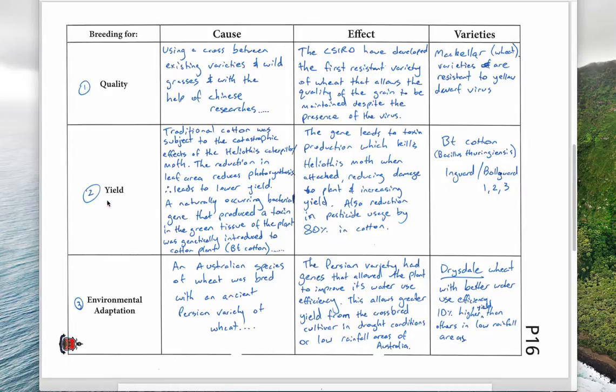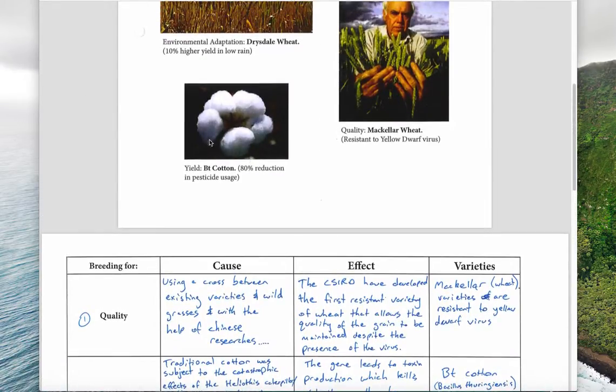The example for yield is BT cotton, and BT cotton is an important example to know about because it's going to be something we talk about later. So BT cotton stands for Bacillus thuringiensis, which is the name of a soil bacteria which produces a toxin which kills the bollworm or the Heliothis caterpillar. Basically the Heliothis caterpillar will eat out the boll of the cotton and also the leaf around it.